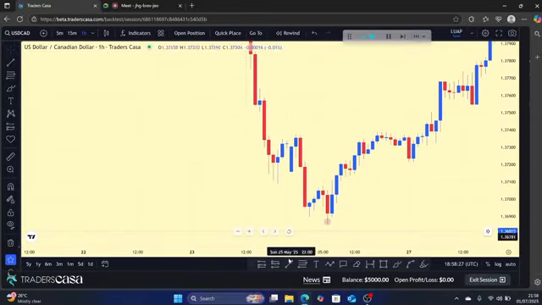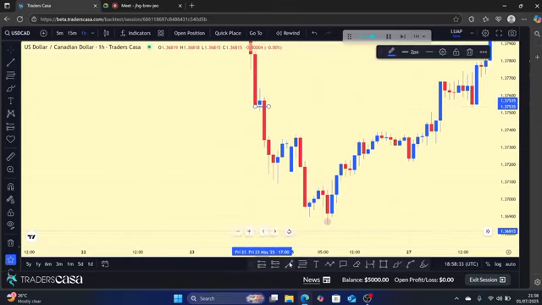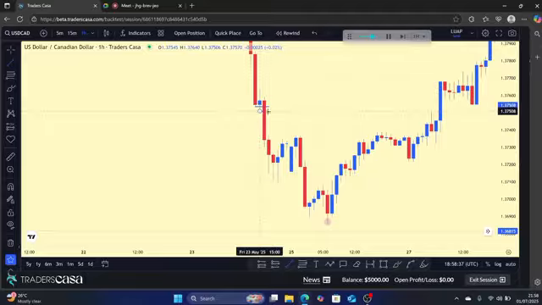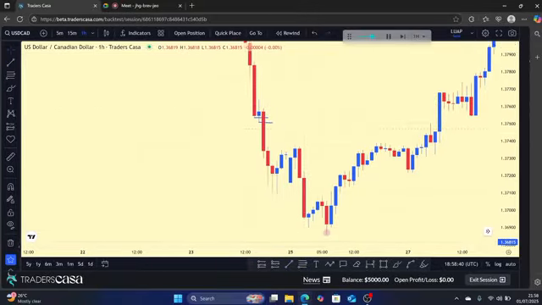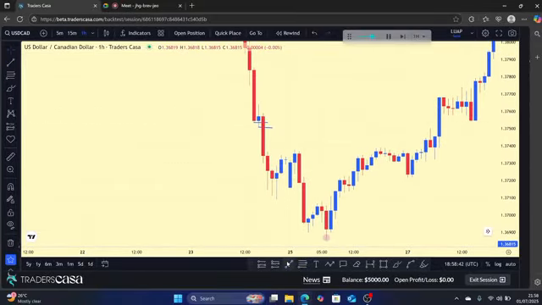So right here, is this a valid pullback? No, this is not a valid pullback, because you can see the high here is the lowest point, and price is breaking past the lowest point, and I cannot confirm that one to be a pullback because the highest point right here is protected.